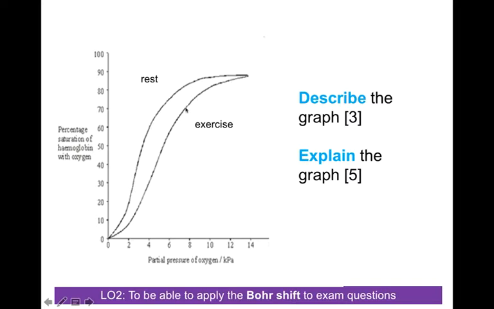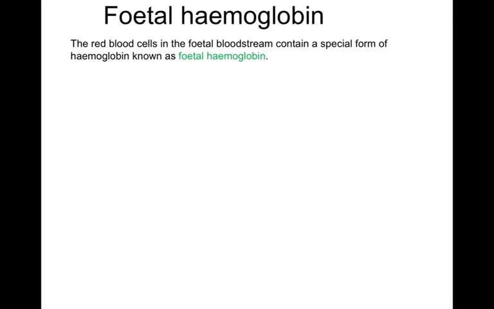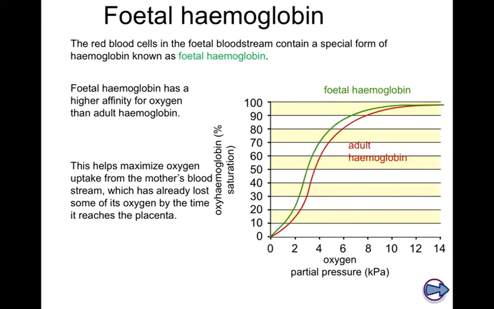It means that when you start running harder, your cells get hold of more oxygen, which is obviously useful because you need it for respiration. In terms of some other examples, what we've got is fetal hemoglobin. This is obviously in the fetus, and you can see here that this curve is shifted to the left.